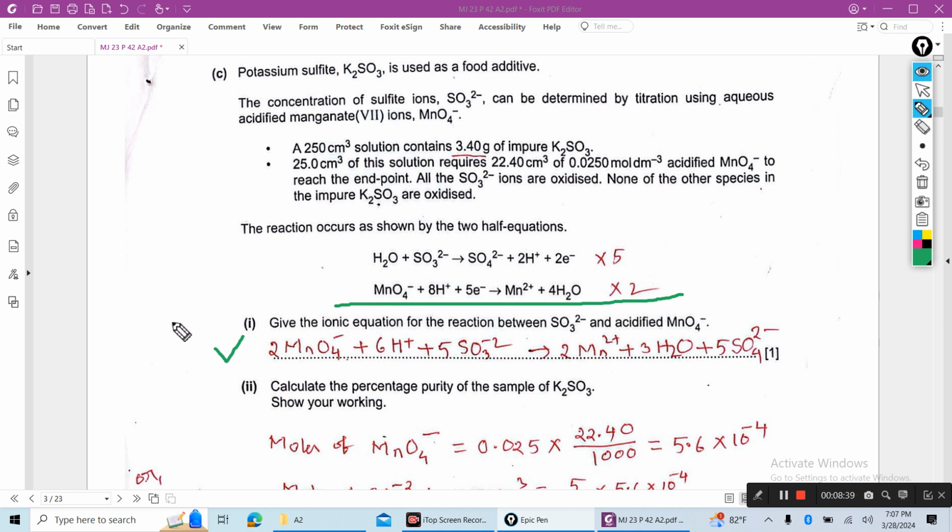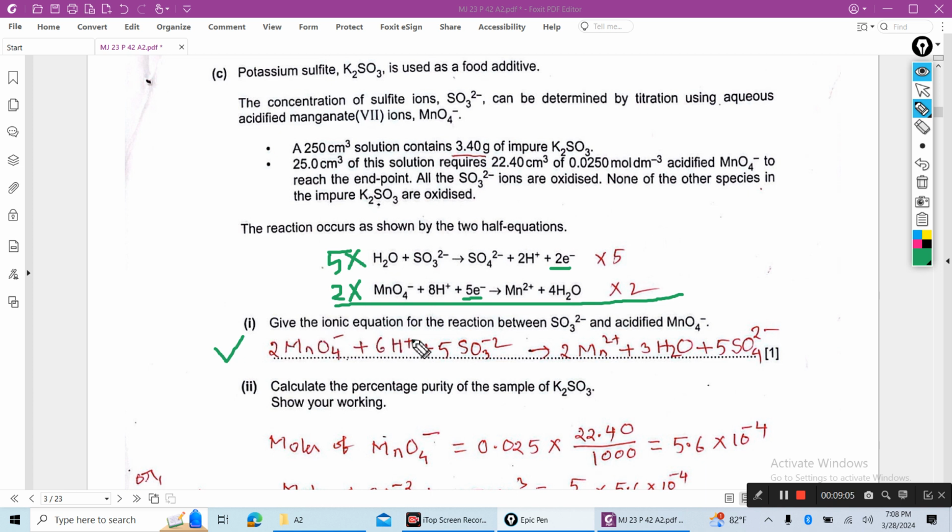But when you add, the electrons must be cancelled, and to cancel electrons, every half equation must have equal electrons. So here the first equation has 2 electrons, here 5 electrons. That's why if you multiply the first equation by 5 and the second equation by 2, the electron numbers will be equal. Then electrons will be cancelled if you add.